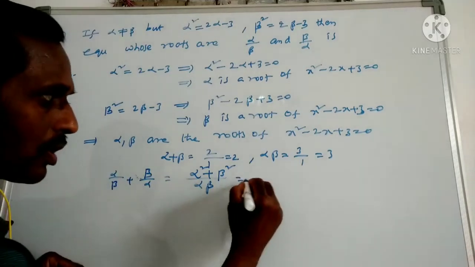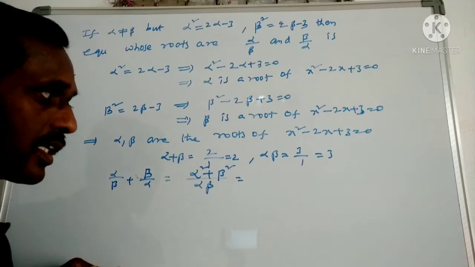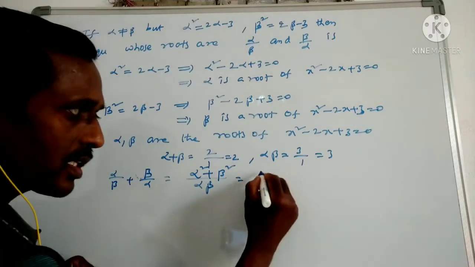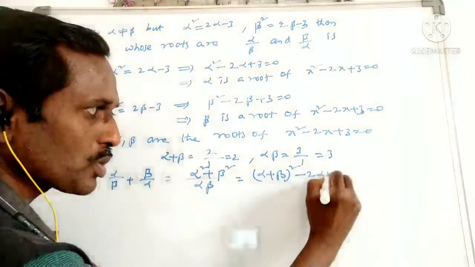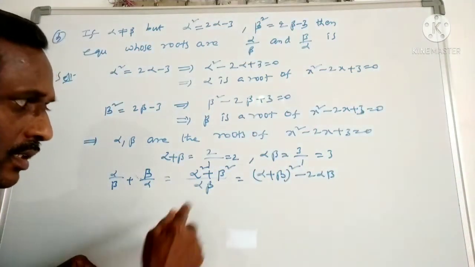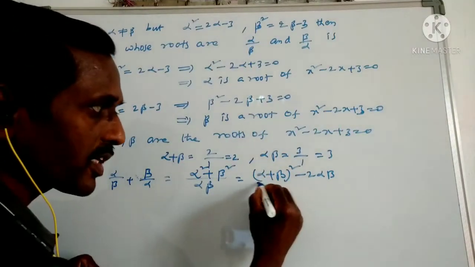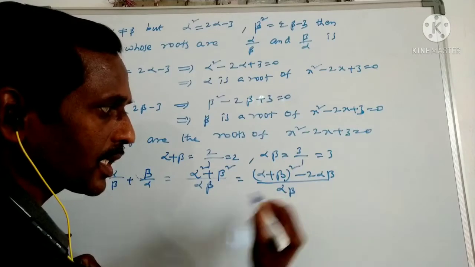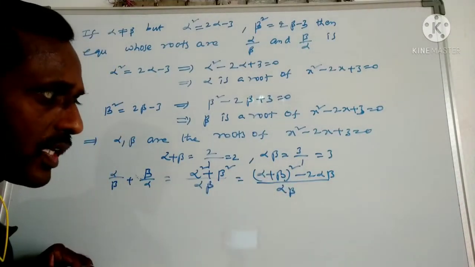Now once again here we have the sum of the squares of the roots. Again, convert into sum and product. What we can write is (alpha plus beta) whole square minus 2 alpha beta. We can write a square plus b square as (a plus b) whole square minus 2ab, over alpha beta. Now write the values of the sum and product into this.